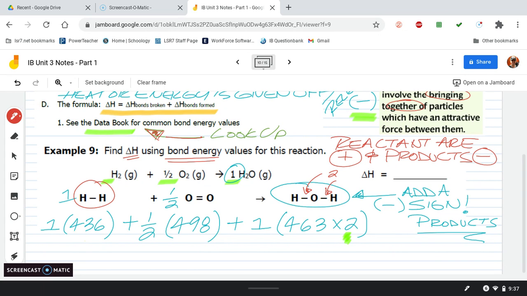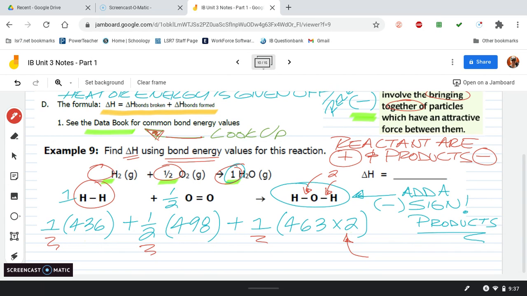There's 2 OH bonds. And so what you got to juggle with this is, okay, what am I multiplying in front? These are my coefficients from my balanced equation. So here, here, and here. And then do I have more than one of the bond? As things get more complicated, there's going to be more bonds.